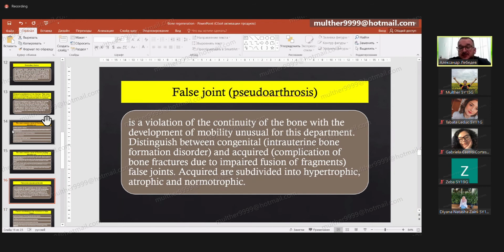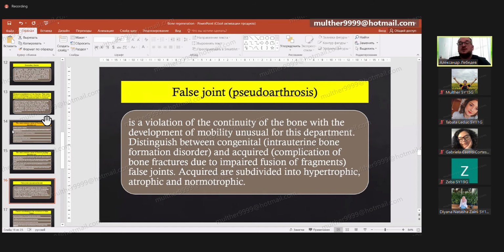Failed joint, or pseudoarthrosis. First of all, we start to see this after 9 months after trauma. What we can see firstly on a control X-ray is the line of the fracture. Nothing has happened with this structure. We can see different kinds of pseudoarthrosis: hypertrophic, atrophic, and normotrophic.